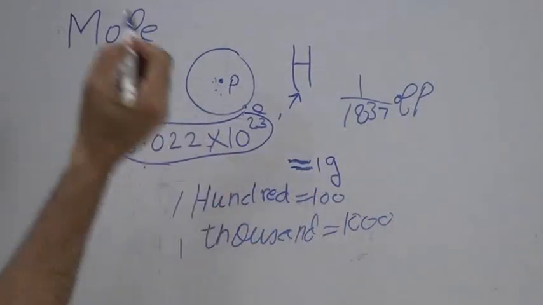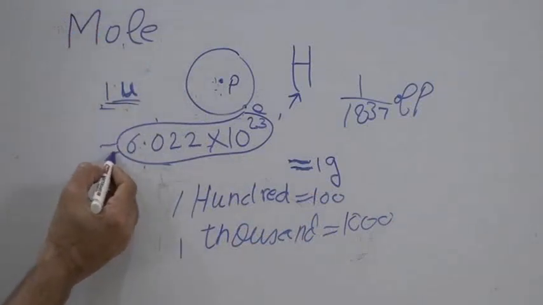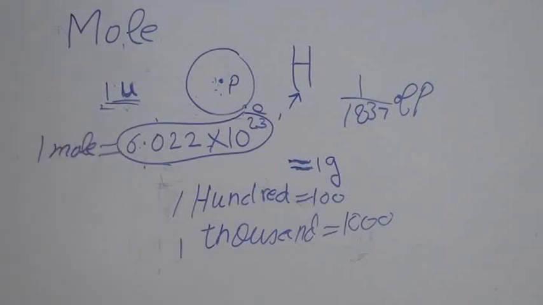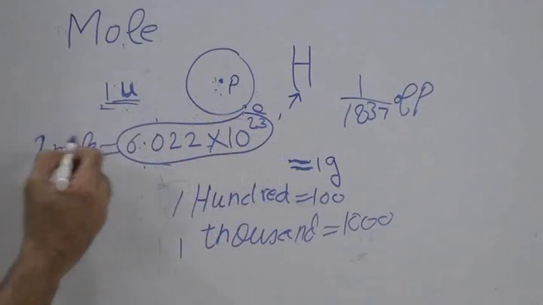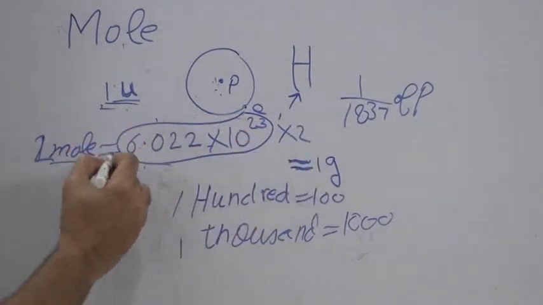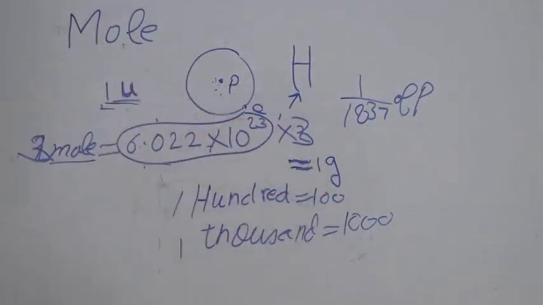This is also a counting unit. Therefore, this is 1 mole. Twice of this would be 2 moles, and thrice of this would be 3 moles, and so on.